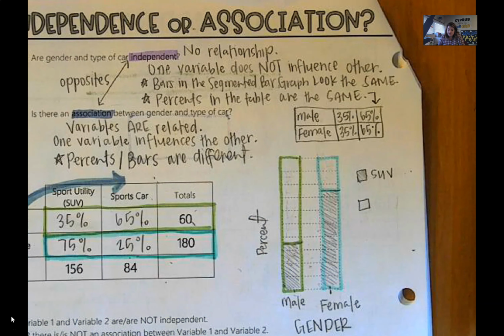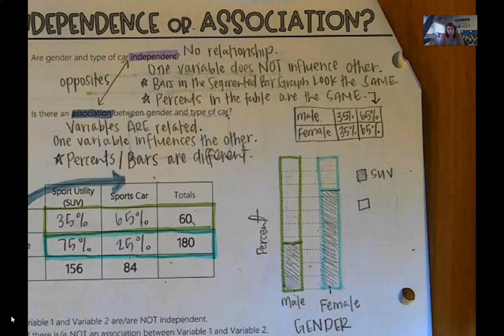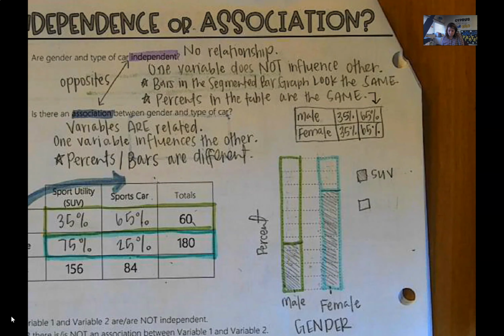There is no difference between how many females drive a minivan and how many males drive a minivan, or how many females drive a Tesla and how many males drive a Tesla. If there is no relationship, that means that the results for each gender should be exactly the same. If they're not exactly the same, that means that the variable does influence the other. And I'm hoping that that makes sense in your brain. So I'm going to say that one more time.